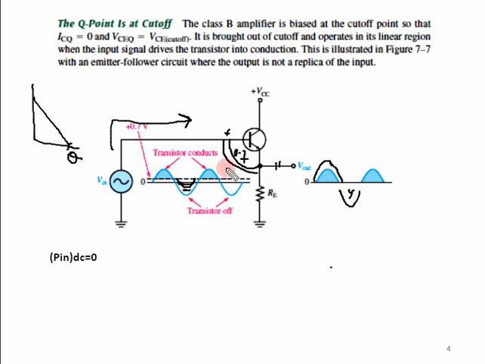Then again, when it goes into the positive half cycle and finds a value greater than 0.7, the amplifier conducts for the other positive half cycle. Interestingly, this operation is very similar to your rectifier. The only difference is the rectifier doesn't give you any amplification, and the power amplifier gives you amplification.